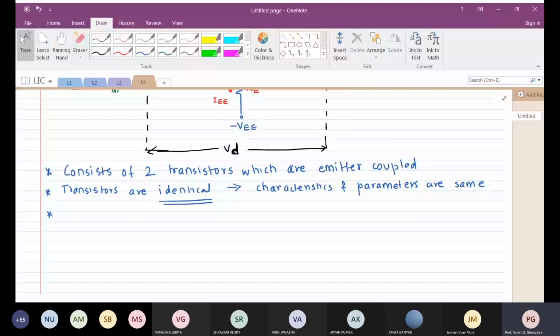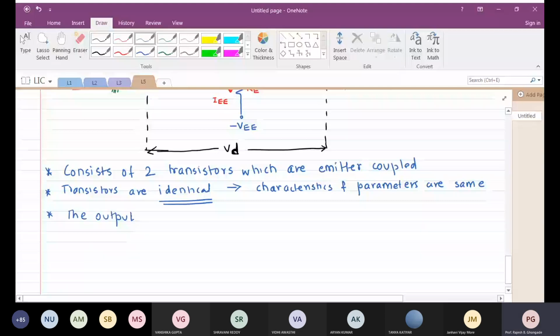Now, the main property of the differential amplifier is that the output is proportional to the difference between V1 and V2.